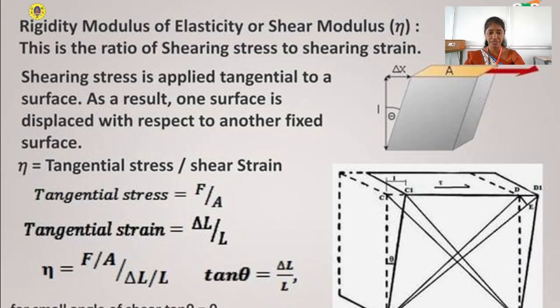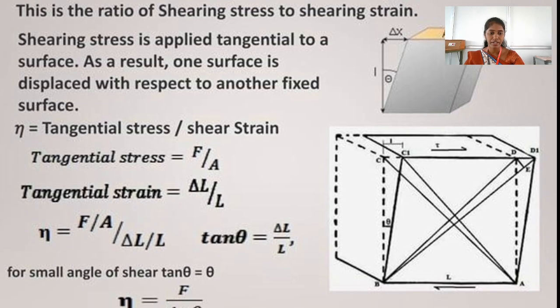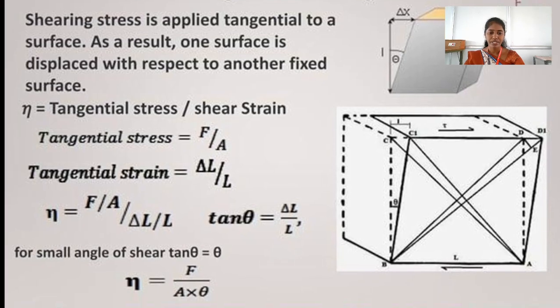Let's substitute this equation in eta. Eta is equivalent to tangential stress by shearing strain, right? Here the tangential stress value is F by A. Substitute here. The strain value will be del L by L. Del L is nothing but change in length by original length. Here tan theta is equivalent to del L by L, right?